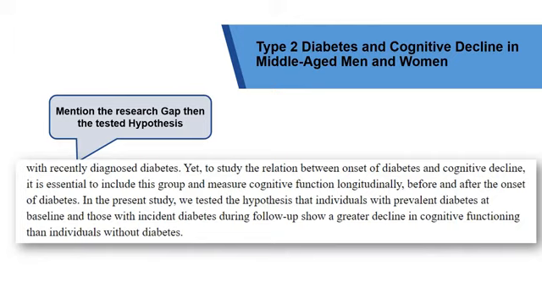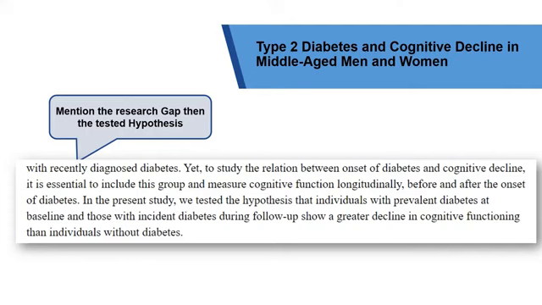So this is the gap. And then they mentioned their hypothesis, that we tested the hypothesis that individuals with prevalent diabetes at baseline and those with incident diabetes during follow-up show a greater decline in cognitive functioning than individuals without. So that's their hypothesis they want to test.